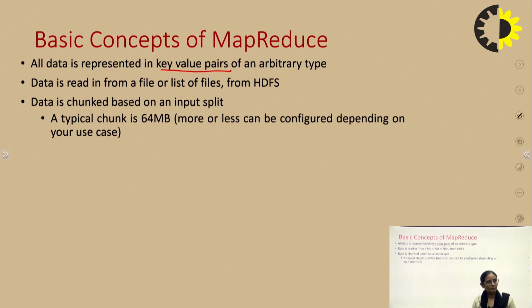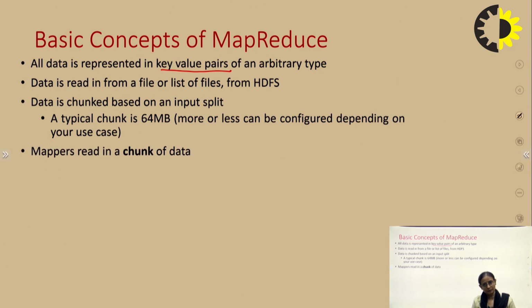Data is chunked based on an input split. For example, a typical chunk is 64 MB, more or less can be configured depending on our use case. That is, we are dividing the data and distributing it on different nodes, and we are also keeping a copy of this data on other nodes.